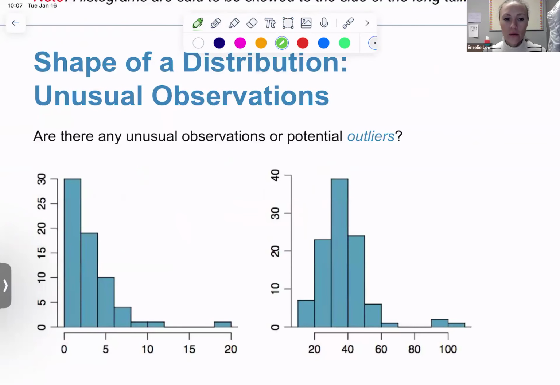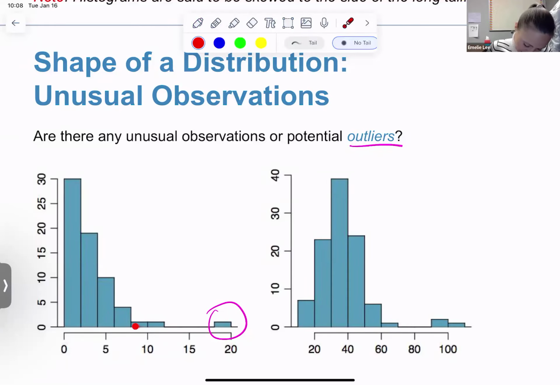When we're talking about the shape of a distribution, one of the things that we want to pay attention to are outliers. Okay. So here we've got just kind of one outlier, it looks like, right? And we could try to figure it out by the height of the bar relative to the distance between 0 and 5. I'm going to say there's roughly 2 outliers, maybe.